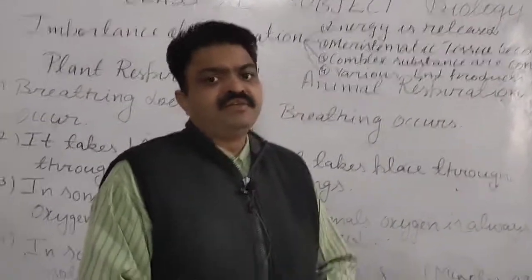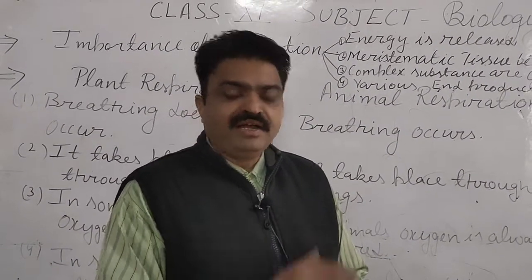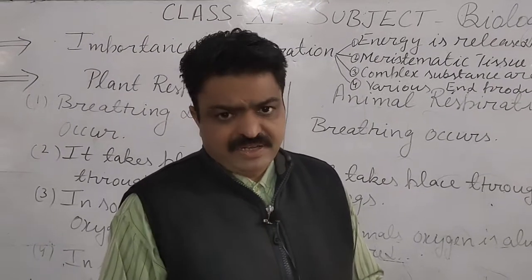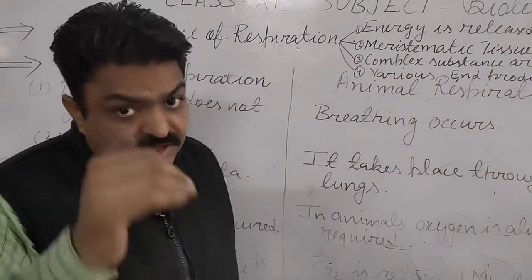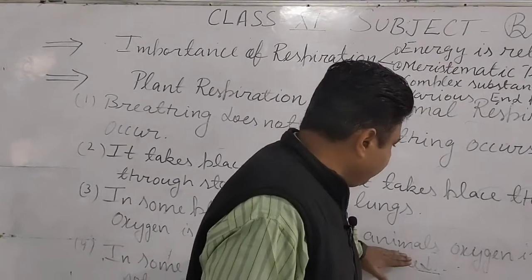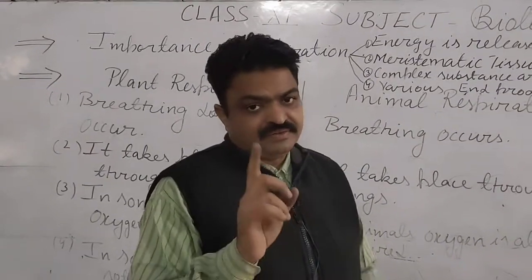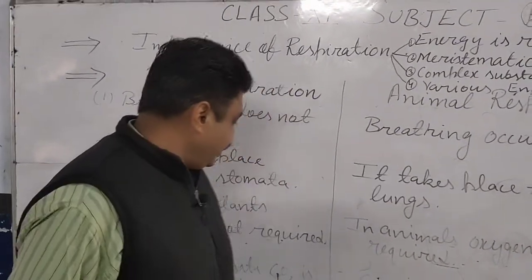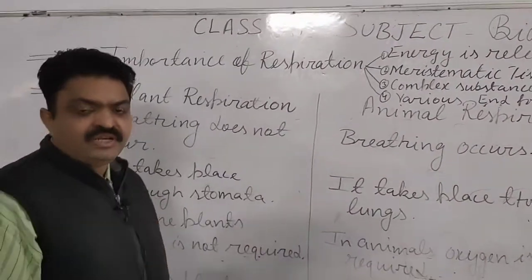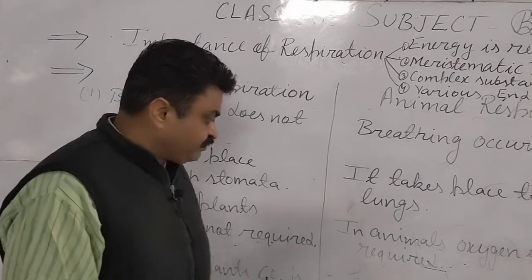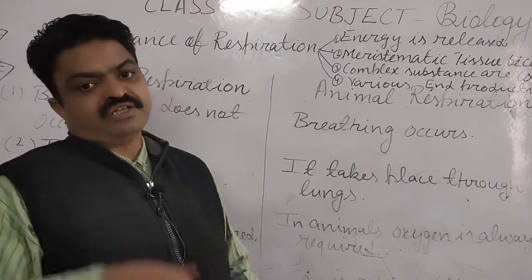Only in the case of muscle it is not required, student, because in the muscles lactose is found, and that lactose is converted into lactic acid in the absence of oxygen. So in animals oxygen is always required, but muscle is an exception. Next, in some plants CO2 is not released, as it is utilized for photosynthesis. But in animals carbon dioxide is released.